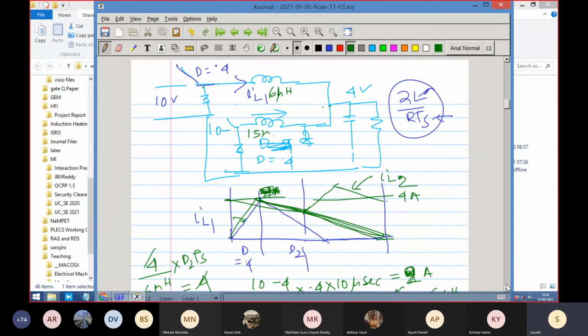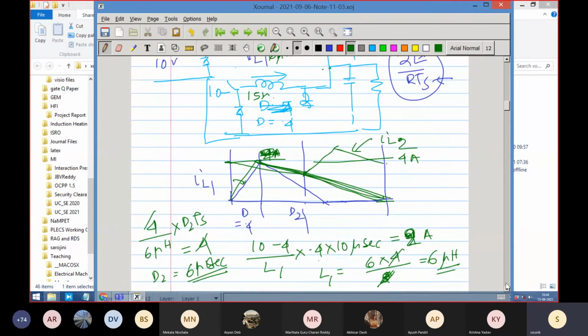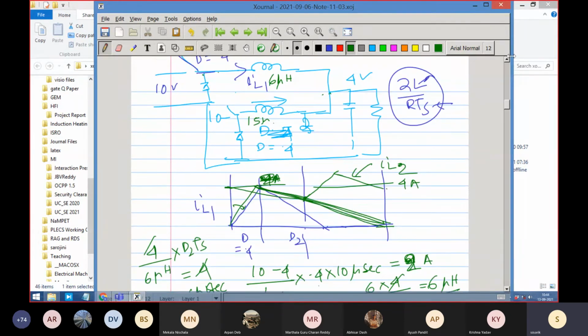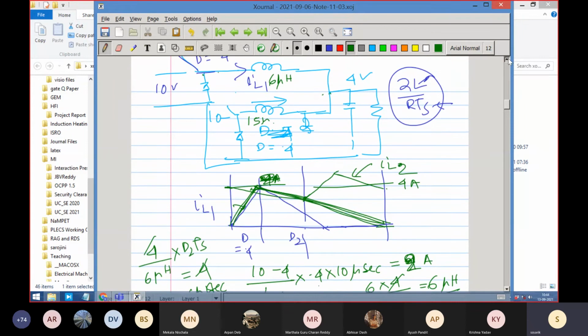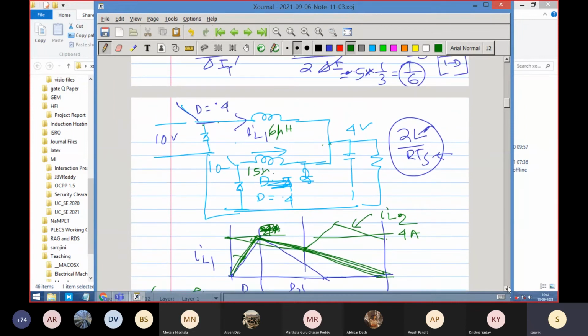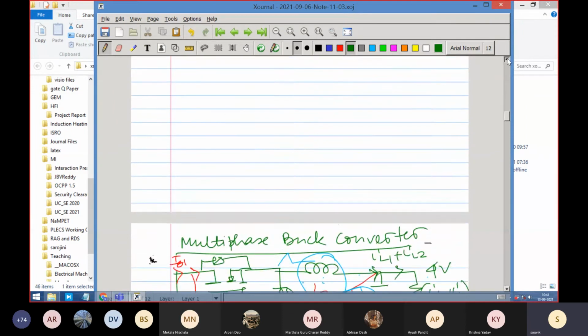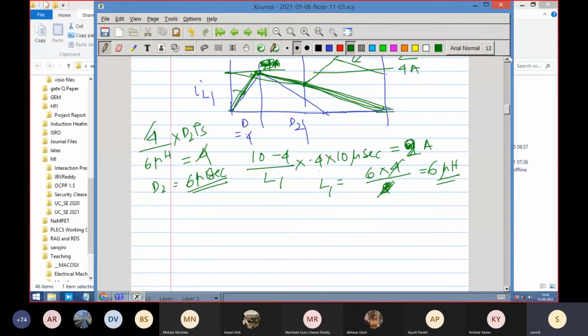I have to probably think a bit more, so I cannot calculate it. So I chose a 4 ampere peak. Assuming that, and the remaining time, I am getting L equal to 6 microhenry. So 4.